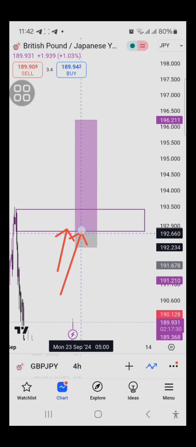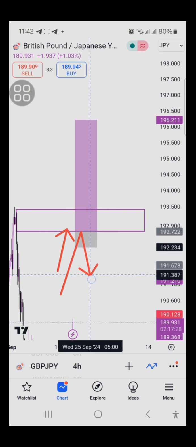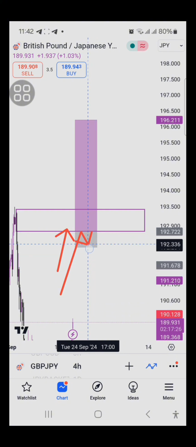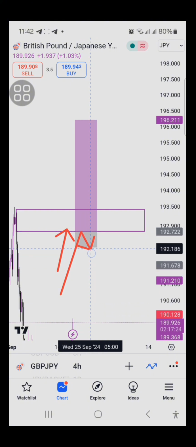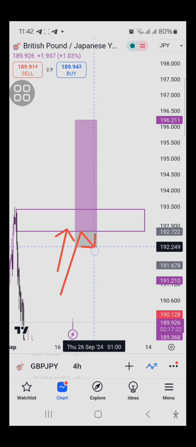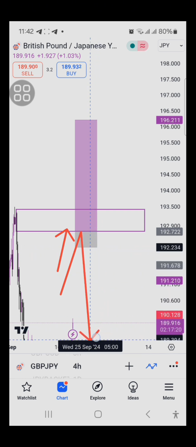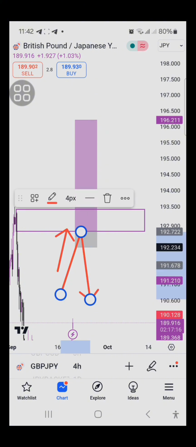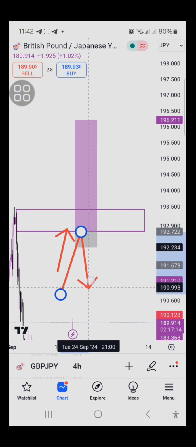If it comes here and then finds its way down here again, I no longer want to be in this trade, right? It's signifying that it wants to continue selling. I don't want to be in this trade.